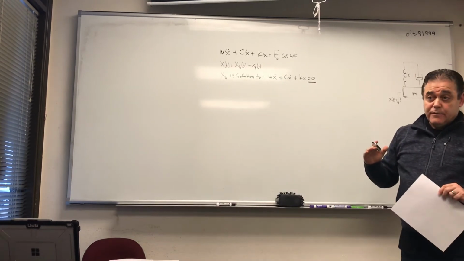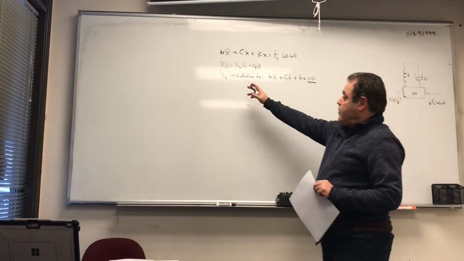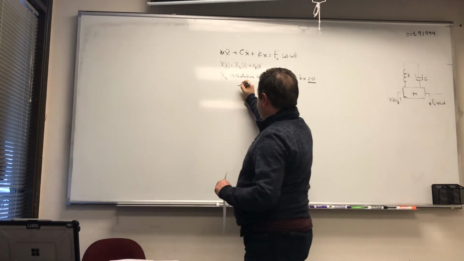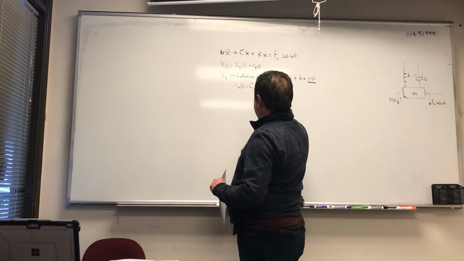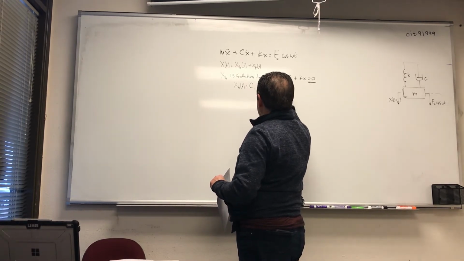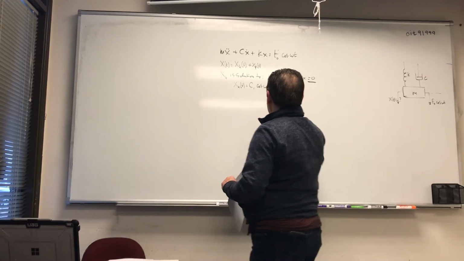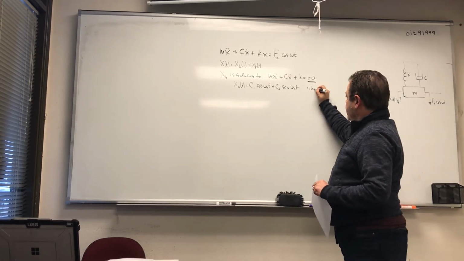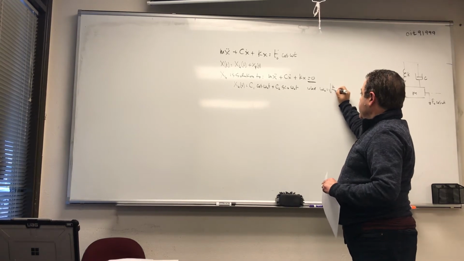And we have learned from chapter 2 that one form this solution can take is x_h(t) equals C1 cosine omega n t plus C2 sine omega n t, where, by the way, omega n is simply the square root of k over m.